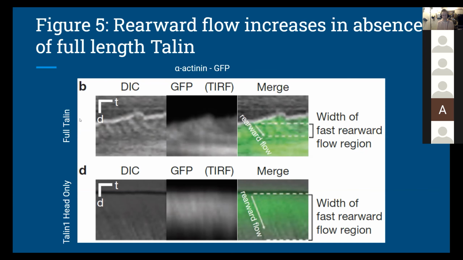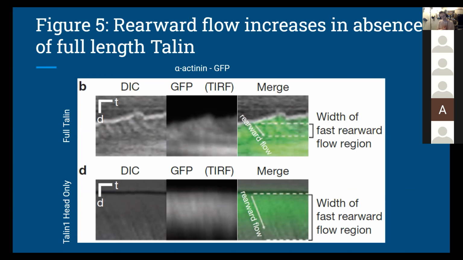And so what they see is when you have full Talin, the cell will push out and then the cytoskeleton will flow back a little. But if you only have the tail and one head, this flow increases a lot. So what they're showing here is that when you have the focal adhesions present, that helps prevent this rearward flow of the cytoskeleton network, where it'll push out and form the focal adhesion.